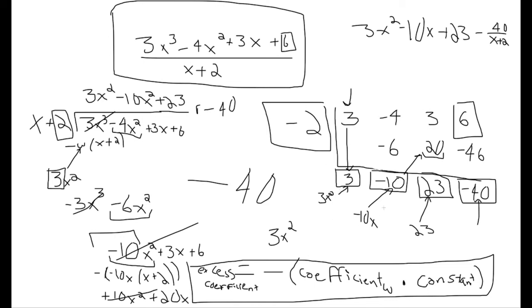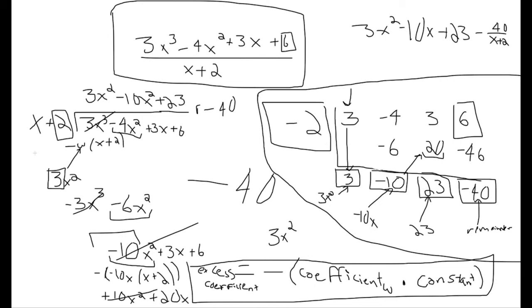This is going to be minus 10x, because it's beneath minus 4x squared, it's going to have an exponent on the variable 1 less, and so on. And then we know this is just going to be our remainder. Okay? So we managed to solve it just using this method over here. And I know it seems like it took a long time, but it would take much less time if you weren't going through the long division process also, as well as explaining.